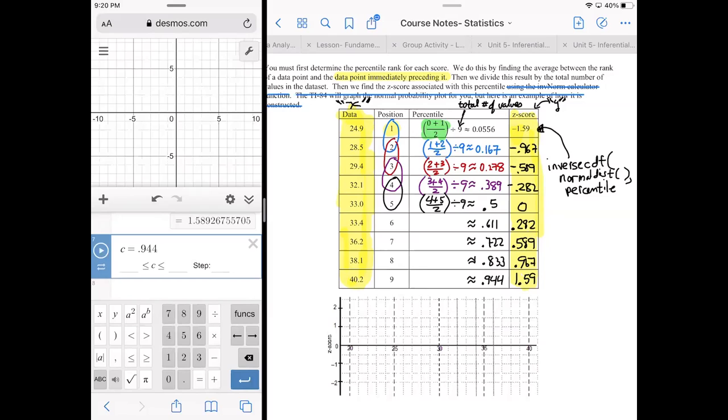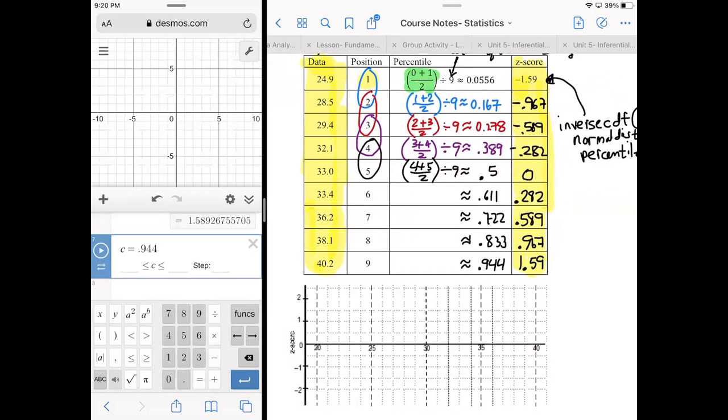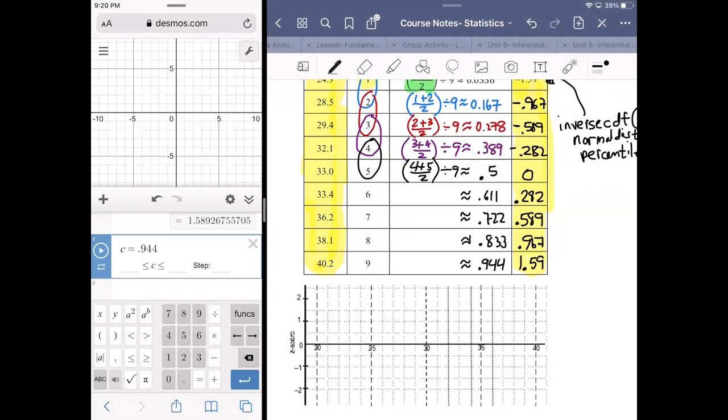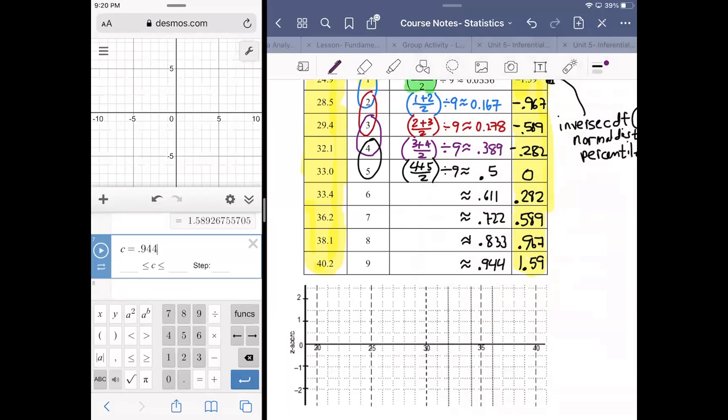I'm just so bummed by the fact that that was how it was presented, that it's not reasonable. So now what do we do with this? We plot. All right. Quick question.